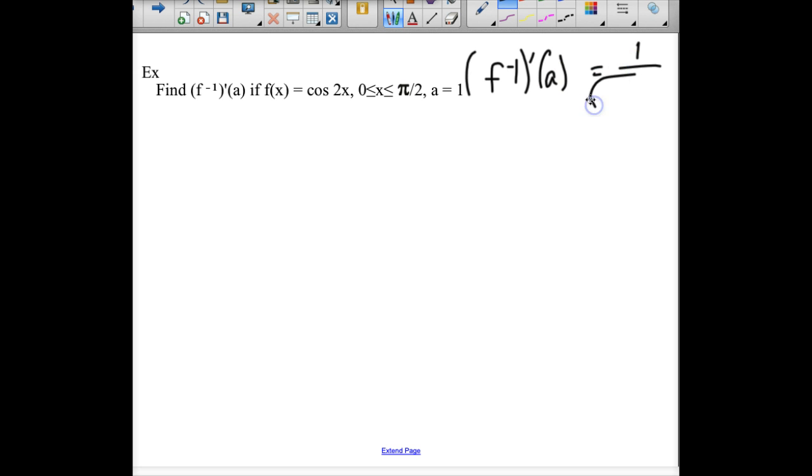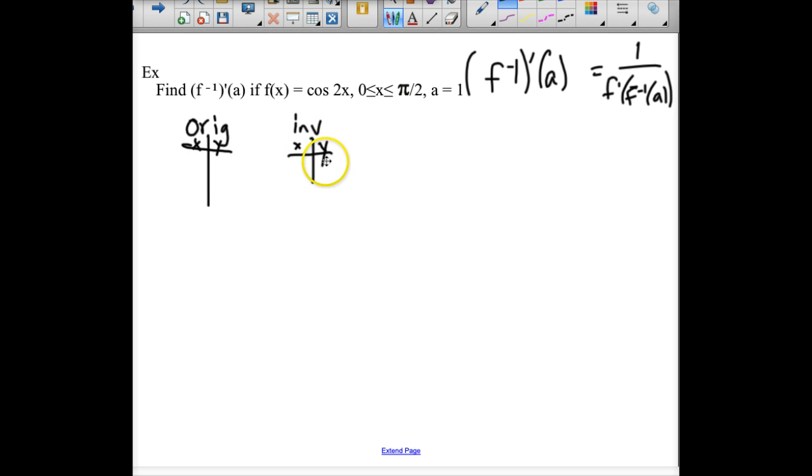It's 1 over the derivative of the inverse at a. So my original function, my inverse function, input, output, input, output.